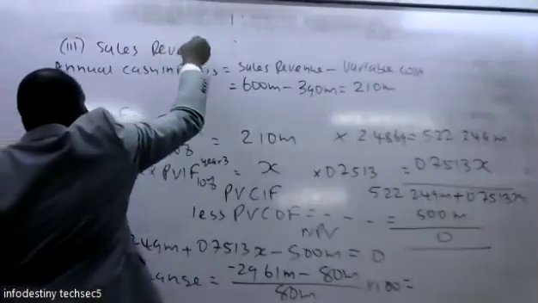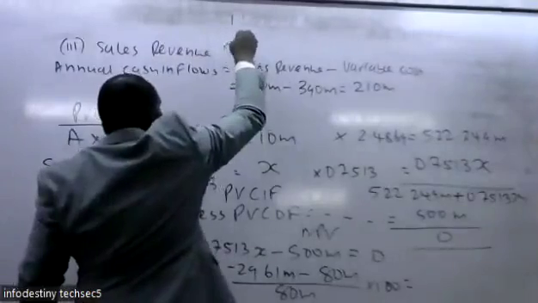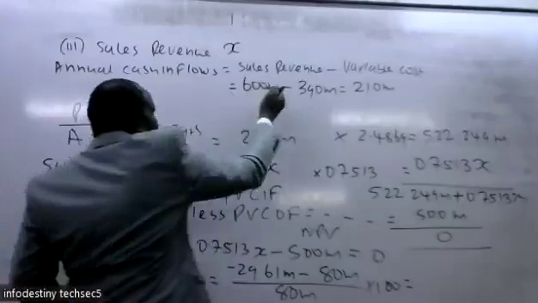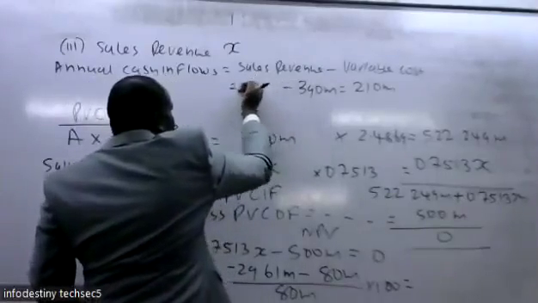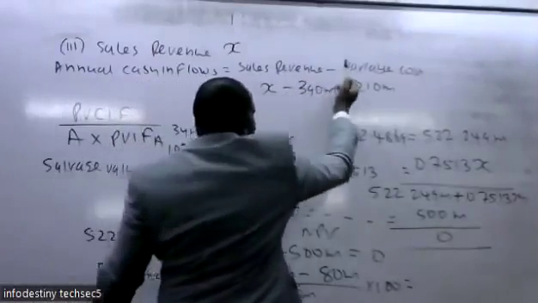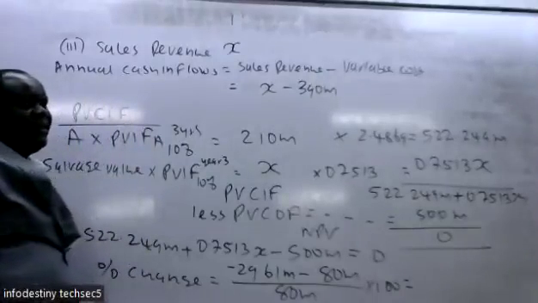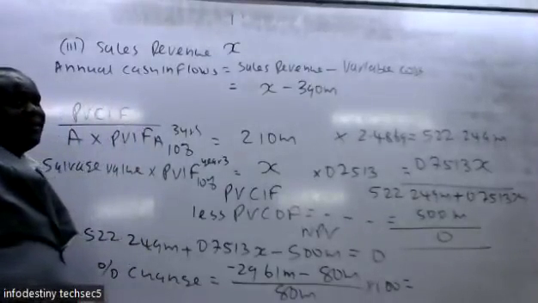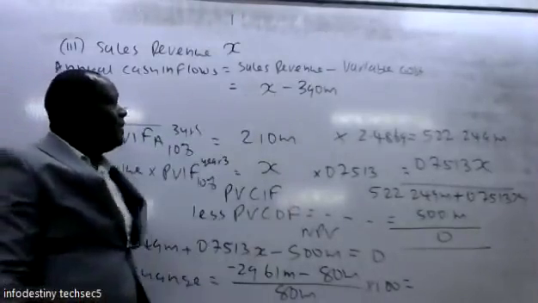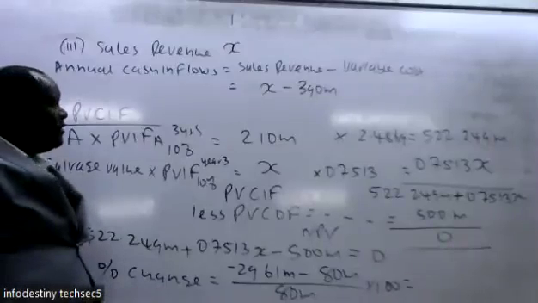We make it X. So that our annual cash inflow is now X minus what? 390 million. So our annual cash inflows will be X minus the variable cost, which is 390 million.